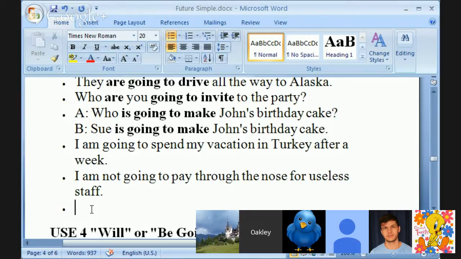Let me give you another example. If you get medical care in the United States, you're going to pay through the nose. If you want to buy yourself a Lamborghini to drive around in, well, you're going to pay through the nose. You're going to pay a lot of money. Any questions?